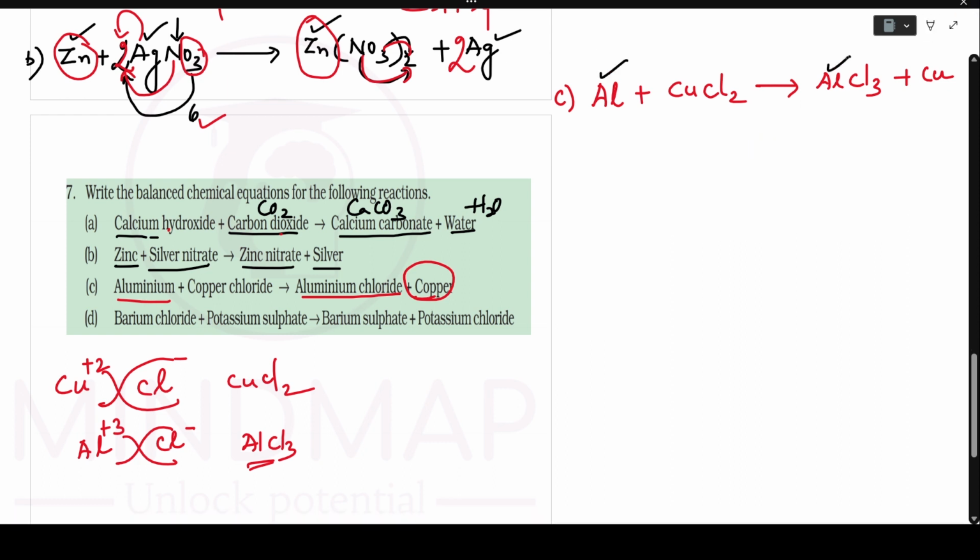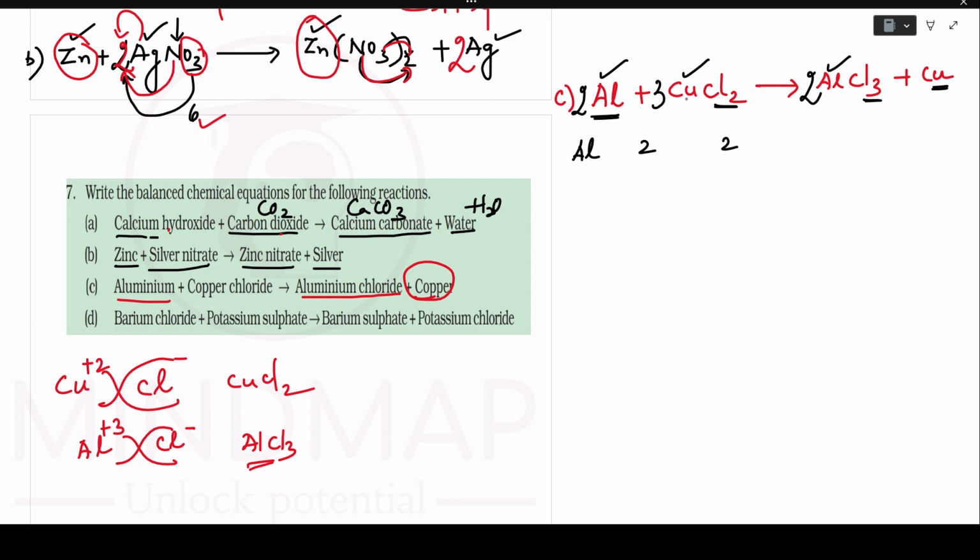Aluminum 1 and 1. Okay. Then copper 1 and here also 1. Then chlorine here is 2, whereas here it is 3. So the 2 and 3 system: where it's 2, write 3, where it's 3, write 2. Now recheck the whole equation. Aluminum here it's 2 now, so let's write 2 here, so aluminum on both sides is 2 and 2.